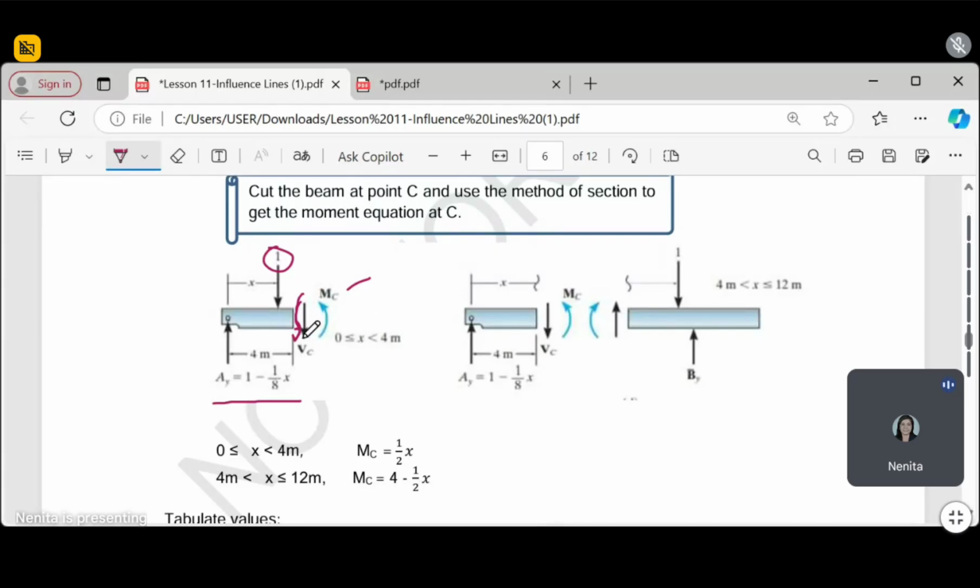If x is greater than or equal to 0 but less than 4, it is just to the left of C.